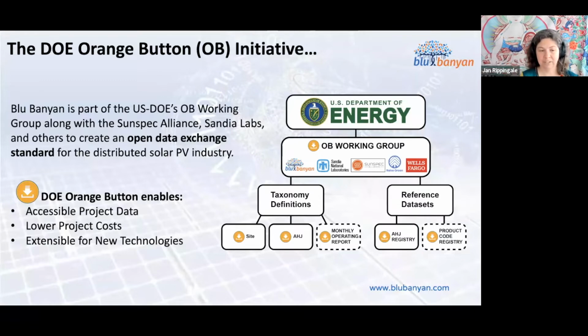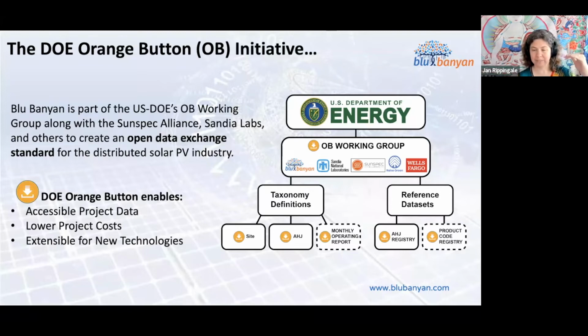The US Department of Energy realized this would be needed, and they formed a working group with the SunSpec Alliance, Sandia Labs, and other businesses like Blu Banyan, Wells Fargo and Raise Green, so that we could set up the standards needed for the energy sector altogether, specifically focused on renewables. Many of the principles that tie energy production and financials together are common for the entire sector. We have two main areas that we're working on.